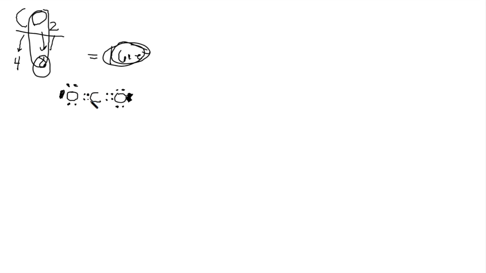So these electrons create double bonds. There we go. So what we have here now is this carbon with a full octet. See, it has 4 on this side, 4 on this side. See, there's that carbon. Okay?